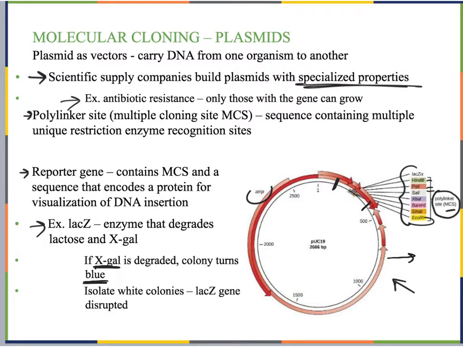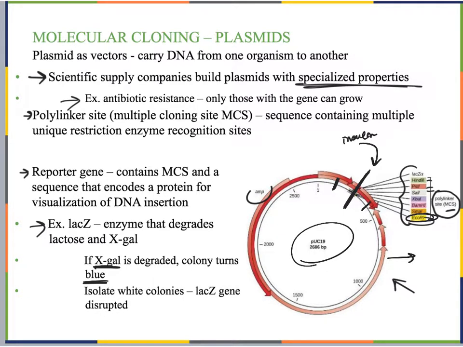Now, if we then want to put foreign DNA, let's say the insulin gene, into this pUC19 plasmid, what we're going to do, let's say we use EcoRI and we cut our insulin gene out of the human DNA, and we cut this plasmid here and insert the insulin gene into the plasmid.